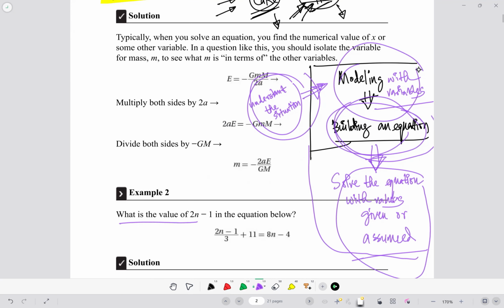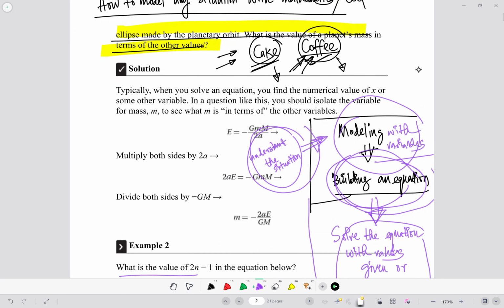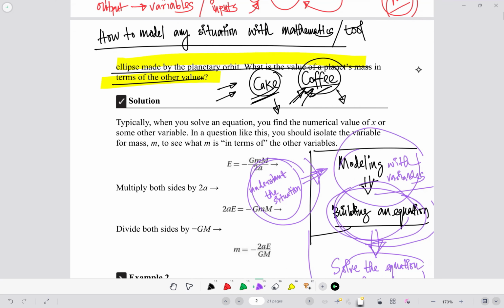As simple as that. Trust me. Civil engineering, electrical and electronic engineering, mechanical engineering, aerospace engineering, every time you're going to do this. They're just trying to help you build this concept, how to model a situation with variables.